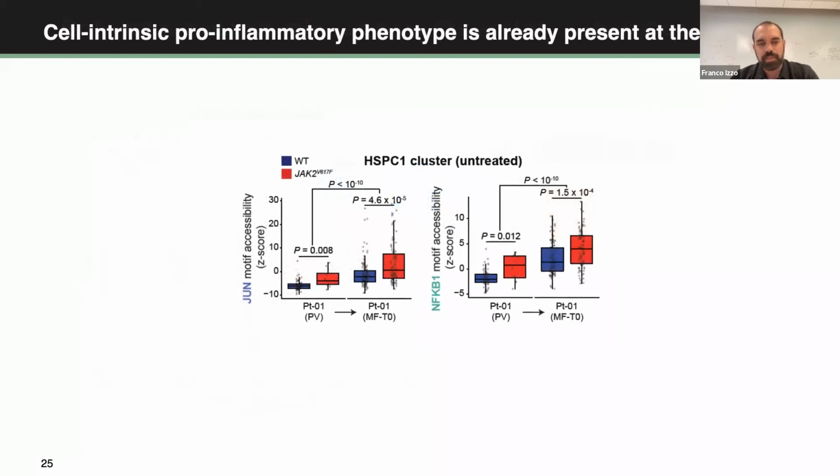Then by leveraging longitudinal sampling from a patient that had polycythemia vera that progressed to MF, we show that Jun and NF-kappa B motif increase is already observed in mutant cells in the polycythemia vera stage, and it remains higher in the MF. So even before progressing to myelofibrosis, there is already an intrinsic pro-inflammatory phenotype that is observed in the polycythemia vera stage.